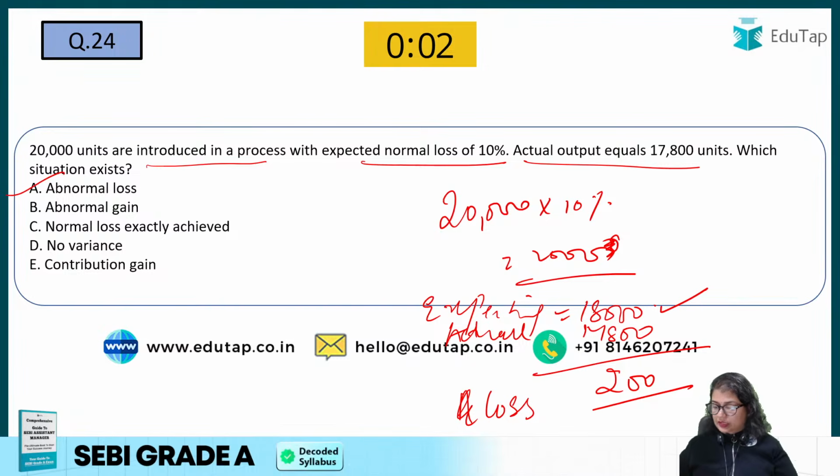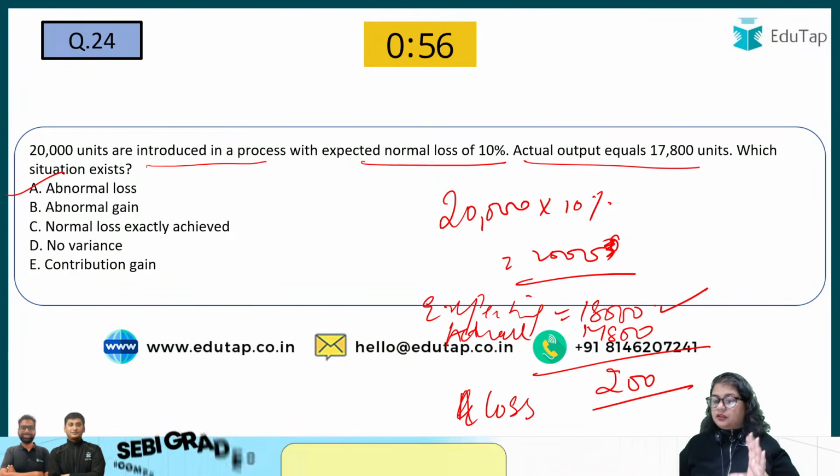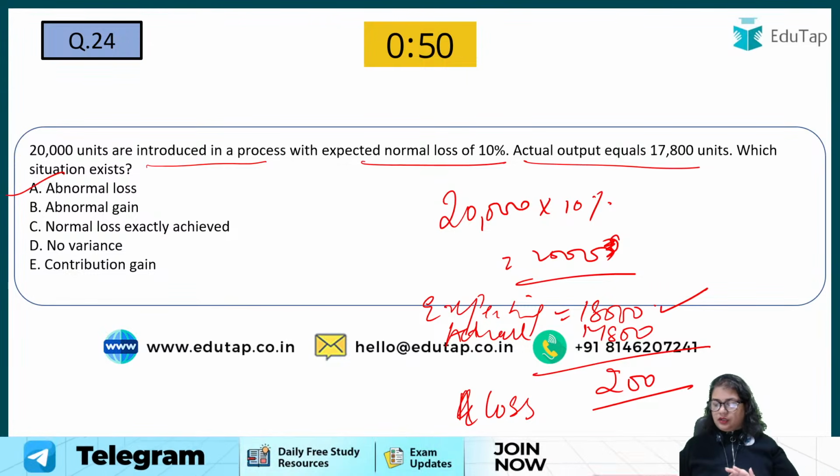Okay, someone is answering A also. How, children? How A? It is not an abnormal gain. We expected that 18,000 units should have been produced after a normal loss of 10%. 20,000 into 10% is 2,000 units, so 20,000 minus 2,000, that is 18,000 units, should be produced.